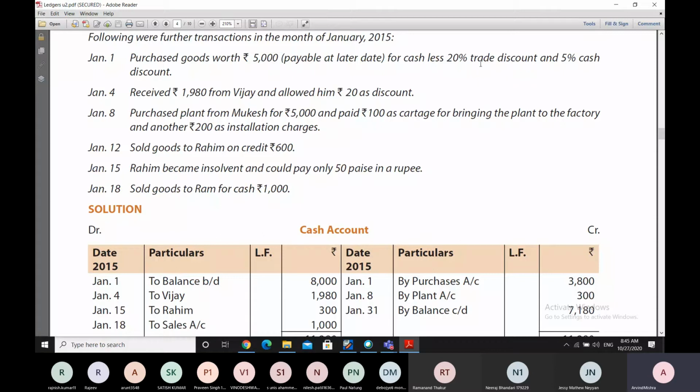For cash less 20% trade discount and 5% cash discount. So what is being said here is that goods worth 5,000 rupees have been purchased here. There is a 20% trade discount and 5% cash discount on those goods.